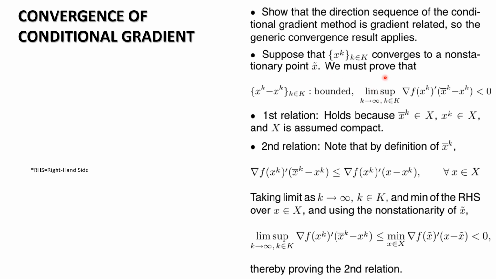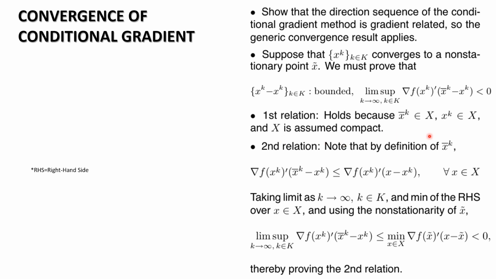Suppose that xk converges to a non-stationary point x tilde, and then we must prove that the direction sequence for k in the subsequence set K is bounded. The subsequence xk converges to a non-stationary point, and now we need to show first that the distance between x bar k and xk is bounded, and second, that the limit superior of this product is negative.